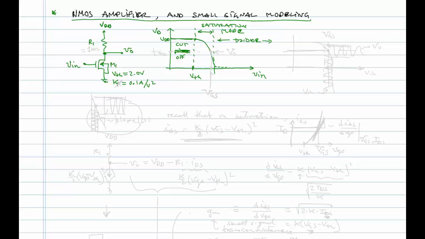So we want to position ourselves right around here, which is perhaps at about 0.5 VDD. And we want to consider what happens if we apply an input voltage, I'll call it VGS, big capital V, capital G, capital S, and that'll lead to a corresponding capital VO output.